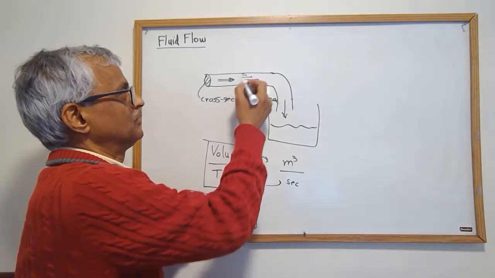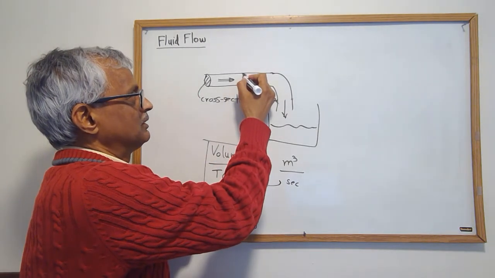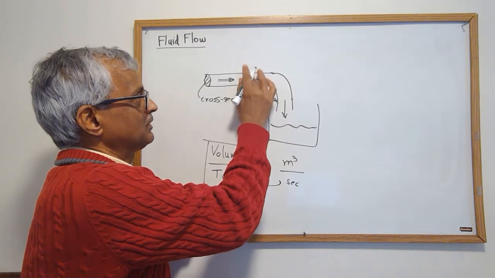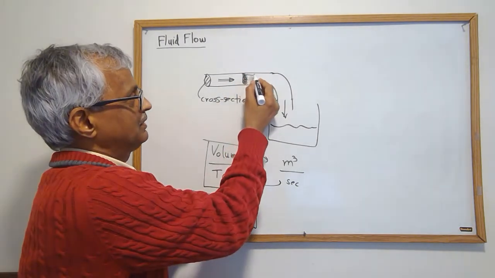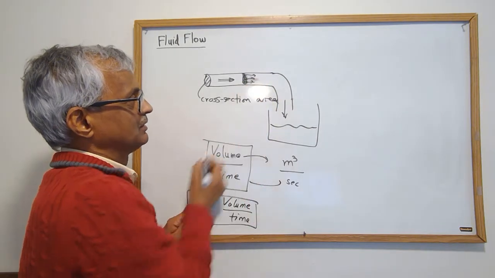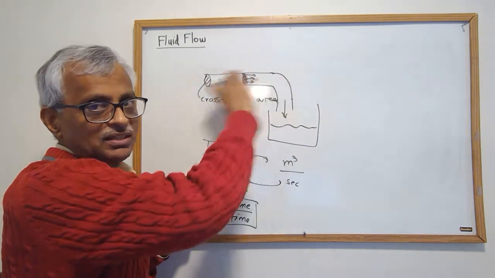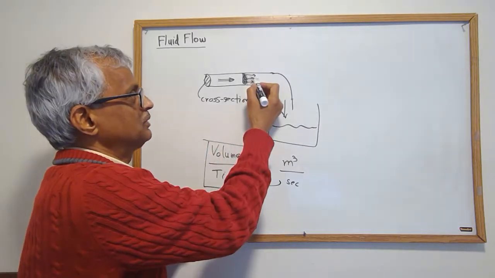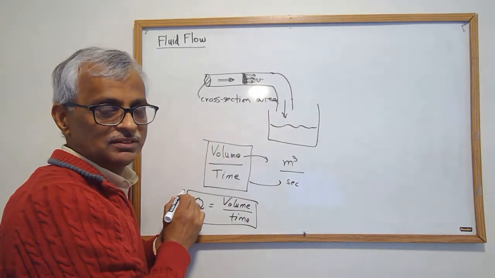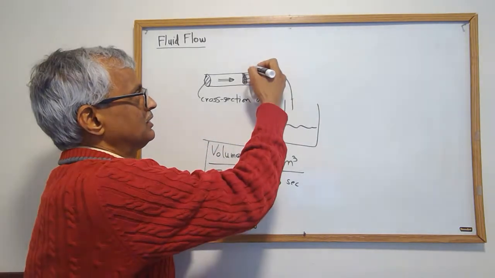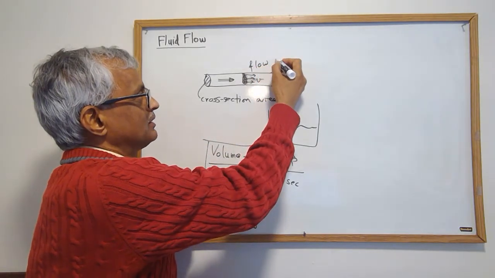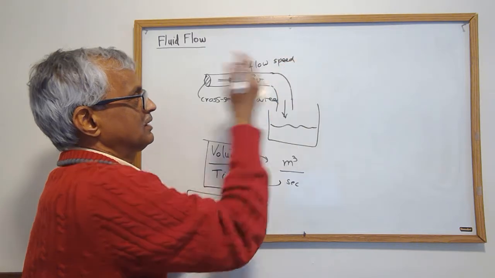So I want to assign some kind of average speed, not all of the different speeds. Just say everything is going with the same speed, all of this water flowing at the same speed. And we'll call that speed V. And so that's the flow speed.